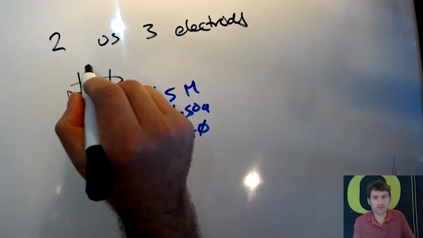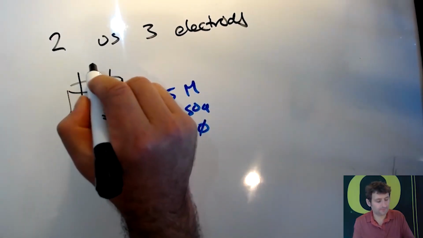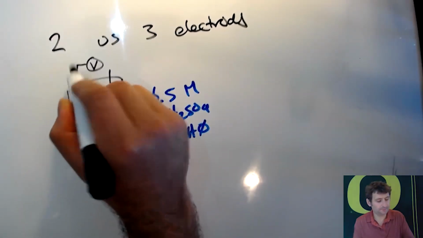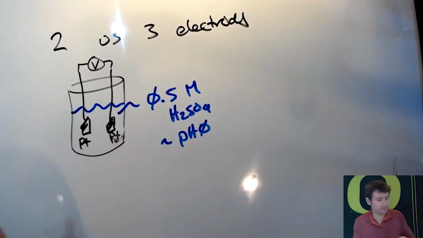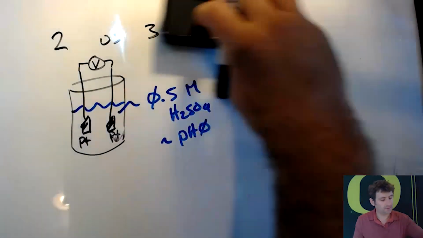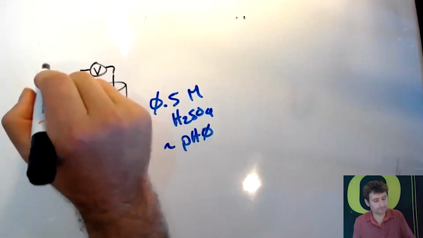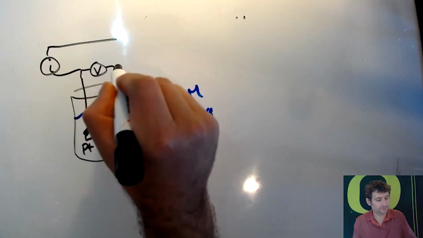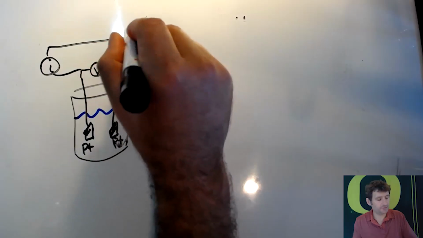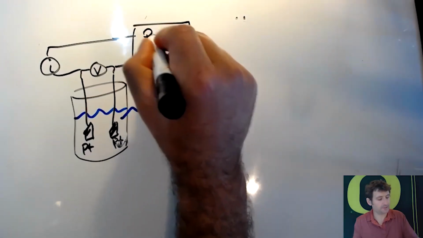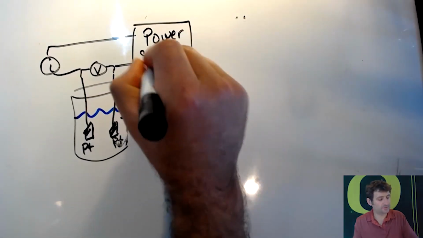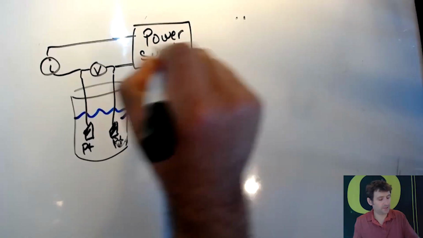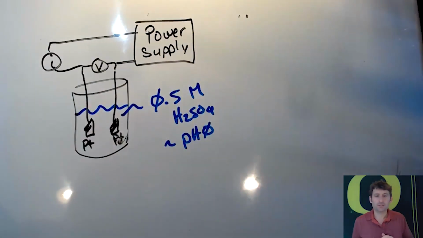And then we can measure voltage across this cell, and we can also apply current to this cell, or measure current. And we can hook this up to a power supply. This is not a potentiostat yet, it's just a power supply. It's going to supply current, and we're going to measure the voltage across this cell.